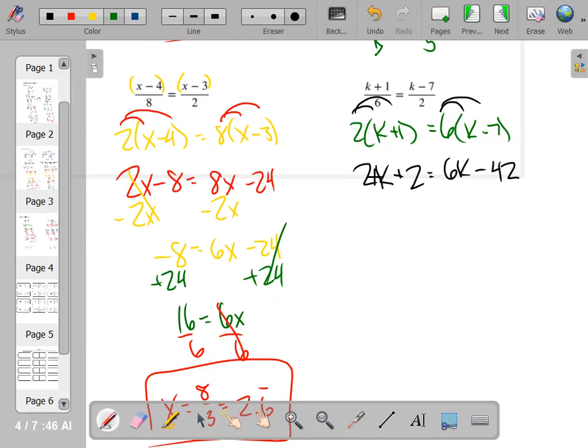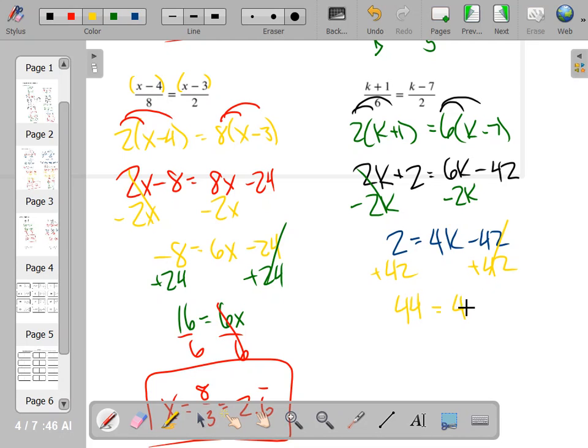Let's get all of our k's on one side, so I'll move the smaller amount, minus 2k, minus 2k. And on the left side, I have 2 equals, on the right side, that's 4k minus 42. Next up, I'm going to add 42. So I have 44 equals 4k, and I'm almost there. Just divide both sides by 4, and you end up getting k equals 11.